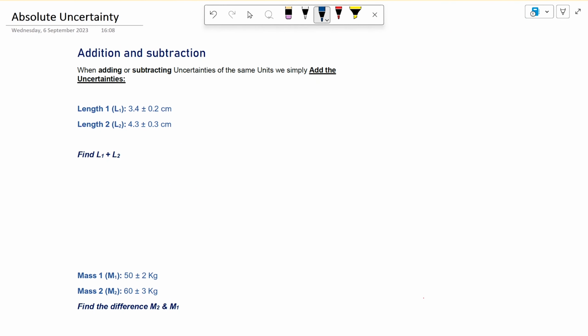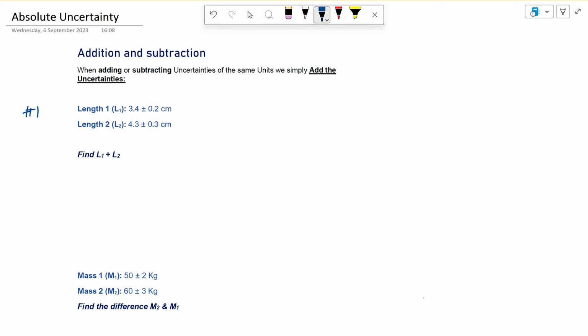Okay, so absolute uncertainties. I think the best way to explain how this works is by working some basic questions first. So to start with, we are going to be working with addition and subtraction. So let's just work out the first question.